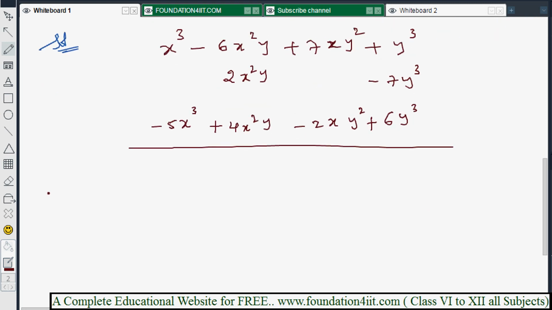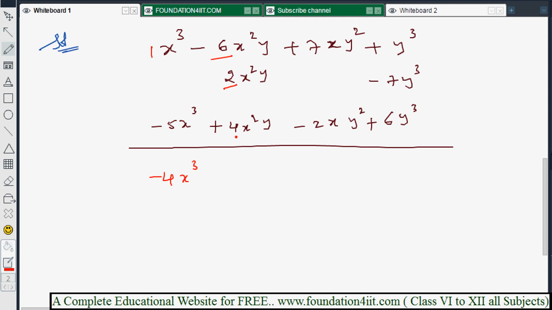Now it's simple. Now take only the coefficients. That is, the x cube coefficient is 1. There is no number, it means 1. Okay, 1 minus 5, this is minus 4x cube. Next is minus 6 plus 2 is minus 4.